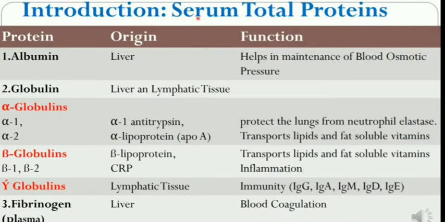So as you can see, the serum total proteins contain 6 components, that is albumin, alpha 1 and alpha 2 globulins, beta 1 and beta 2 globulins and gamma globulins, which makes 6 of them, whereas in plasma there is a 7th component, which is the fibrinogen. So this is what you have to remember.